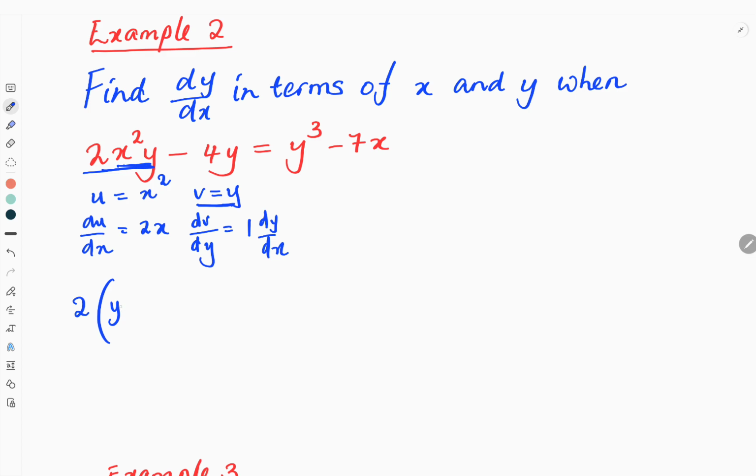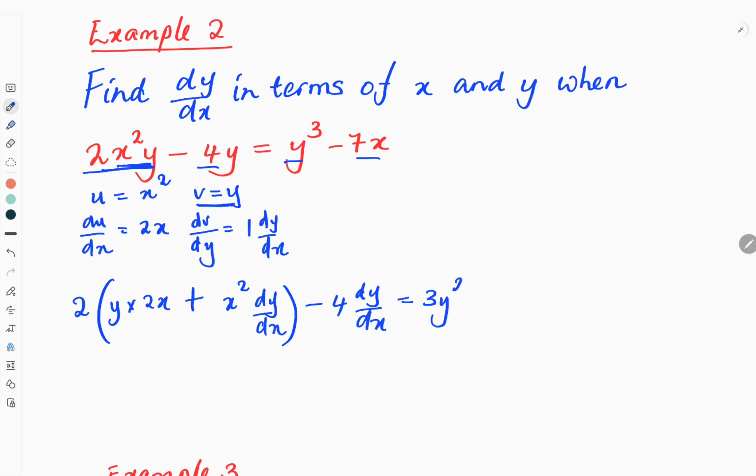Then multiply by 2x, plus u dv dx, which is x squared, multiplied by 1 dy dx. We just write dy dx. And then you're done with your product rule. Then you continue with the other terms, and that will be minus 4. Remember, we are differentiating where y is, so we include our dy dx. That is equal to 3y squared dy dx.